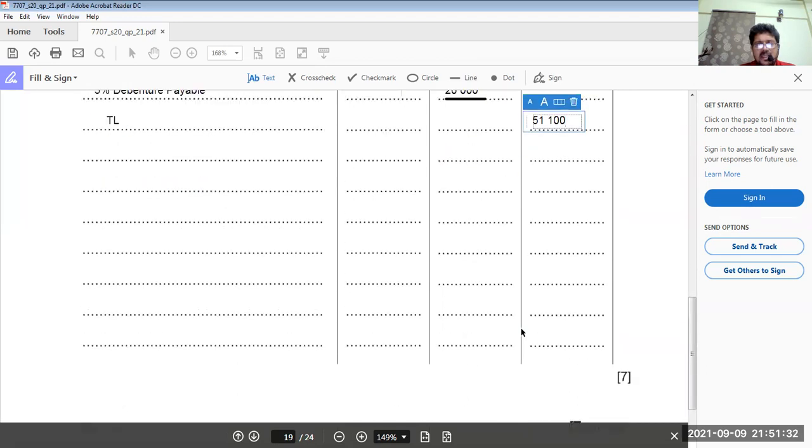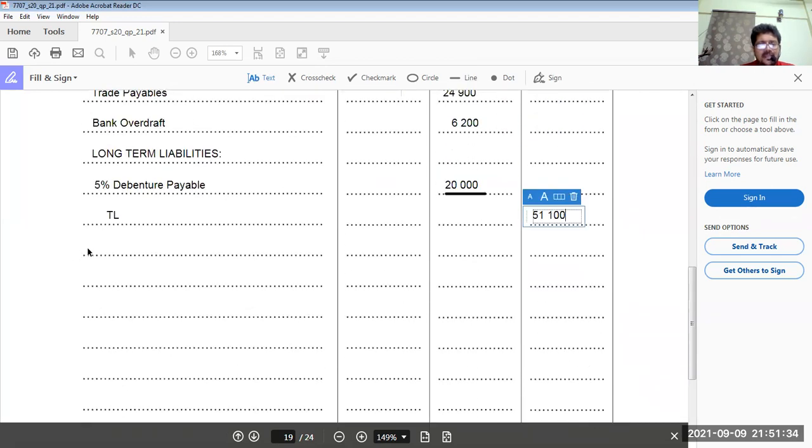Now, what we need? We need equities or finance by, or capital. For capital, we use the word finance by. Okay. Now see, because this is company accounting, instead of writing finance by, we will write shareholders equity.